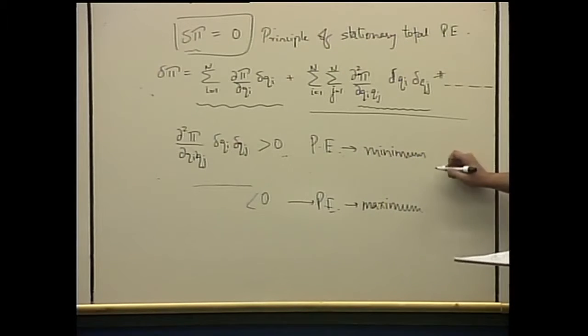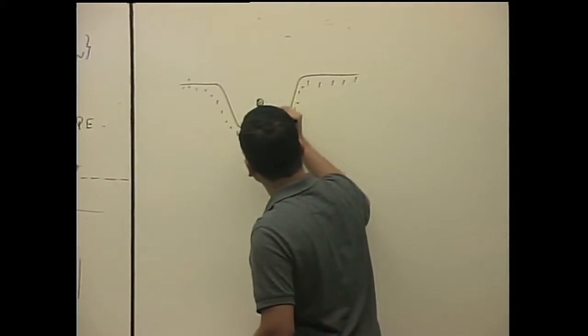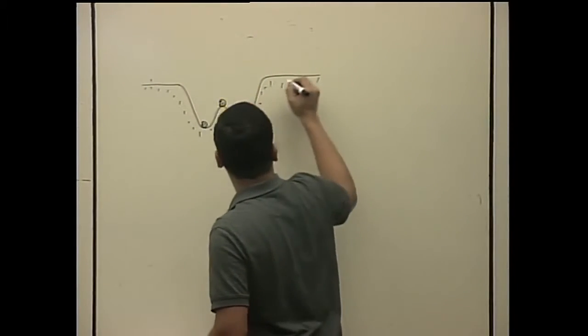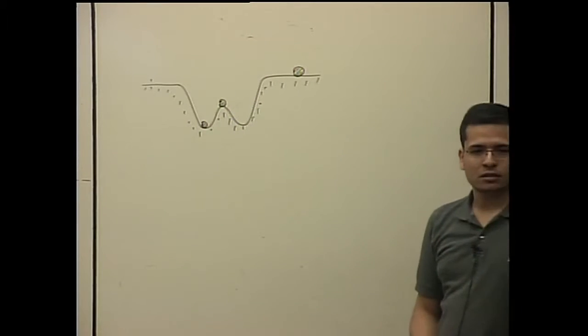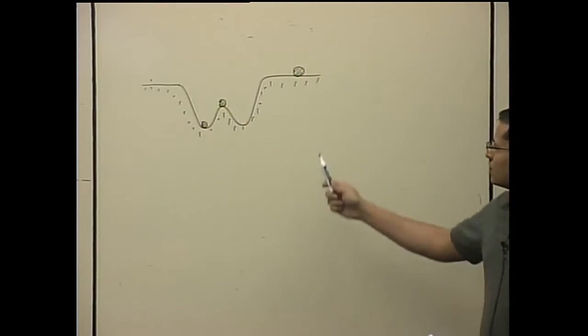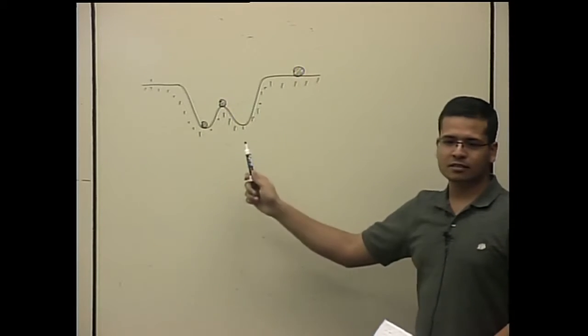So let's think about a case where we can visualize this. For example, if we have a surface that has this characteristic, and we have a small ball at this location, at this location, at this location. Are all these three states in equilibrium?